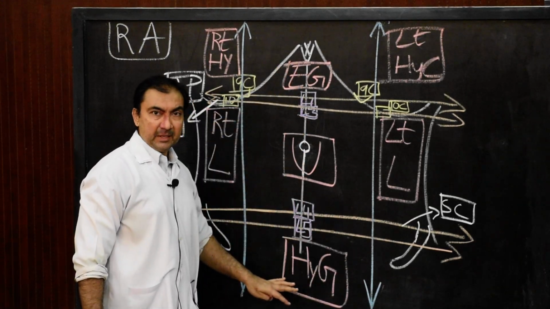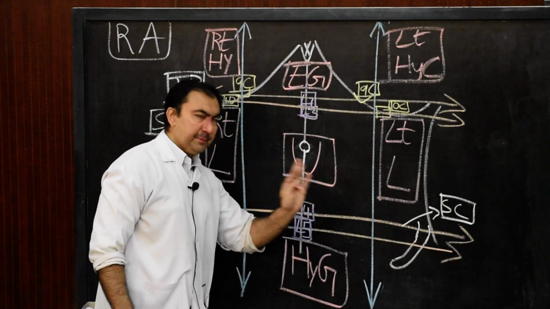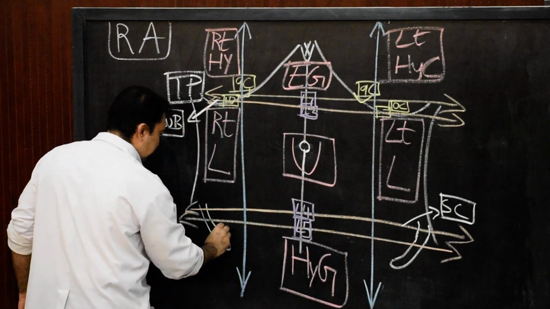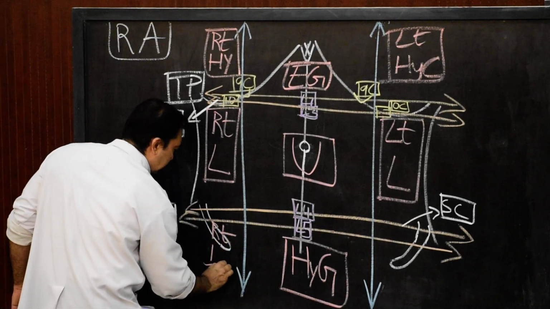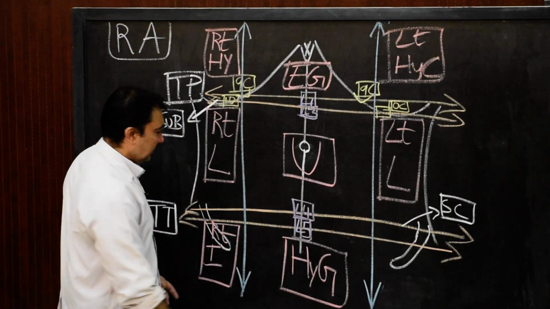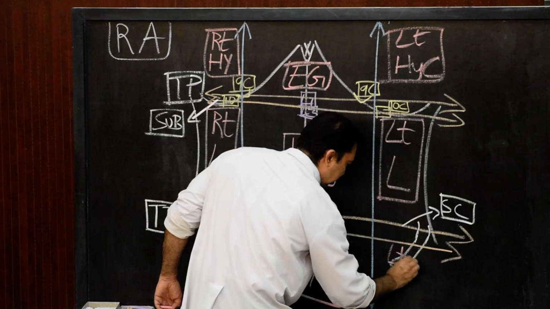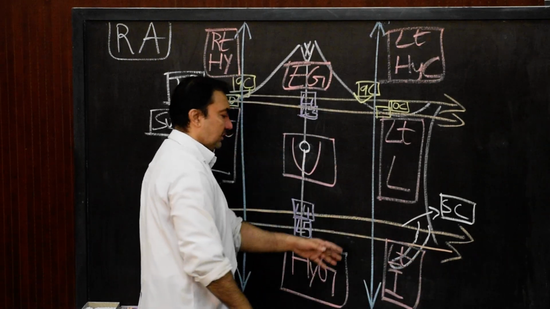So in the median plane, epigastric region, umbilical and hypogastric region. Now on either side of hypogastric region, these two zones over here, this is the right iliac zone or right iliac region, and over here this is the left iliac region or quadrant.